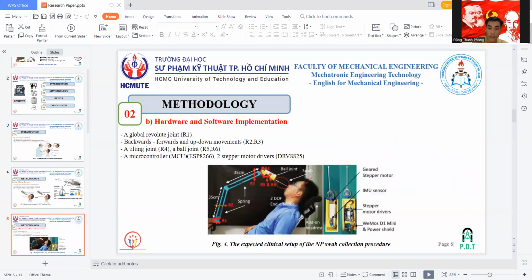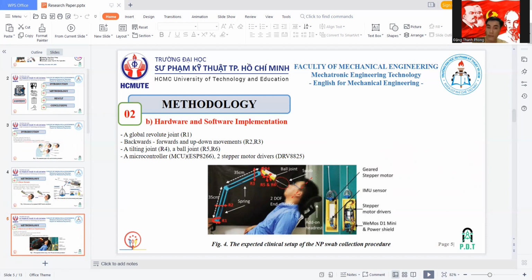Next, B. Hardware and software implementation. The 6 DOF passive arm is used for global positioning and insertion angle adjustment.